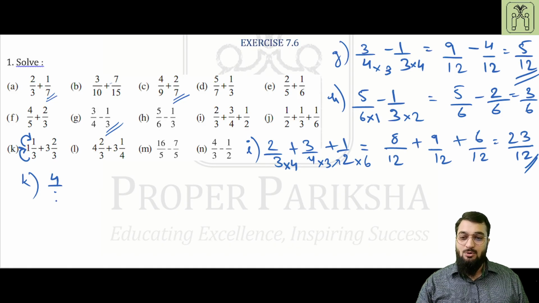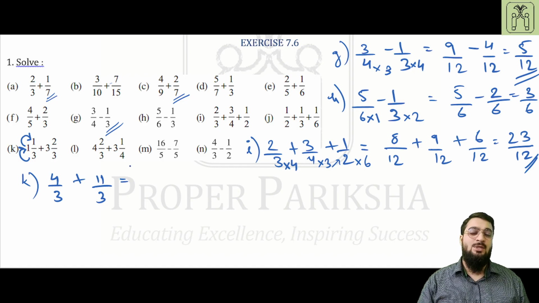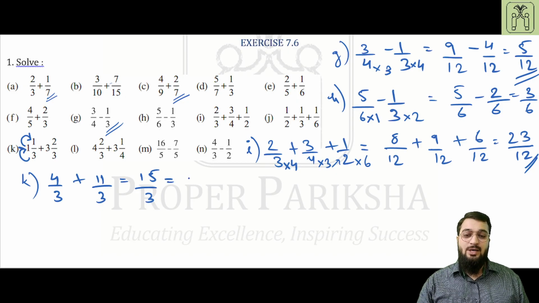So you have 4 upon 3 plus, again the same operation, 3 into 3 is 9 plus 2 is equal to 11 upon 3. Since the denominator is the same, we need not do the LCM process. We can just add or subtract them directly, whatever the operation is. So 11 plus 4 will give you 15 upon 3. If you further simplify it, it will become 5 upon 1. This is the answer.